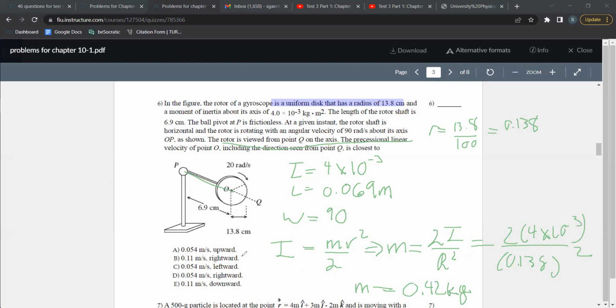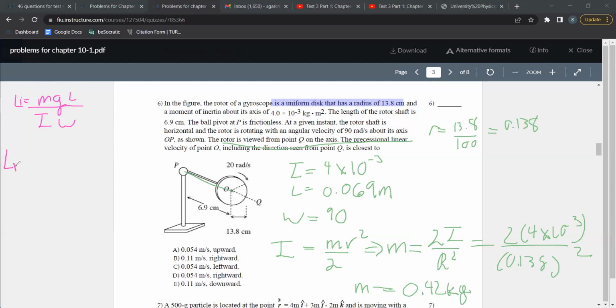Now that we have that, we have to calculate our, I'm sorry, not our length, our linear velocity. So our linear velocity is going to equal our mass times gravity times L over our inertia times our angular velocity.